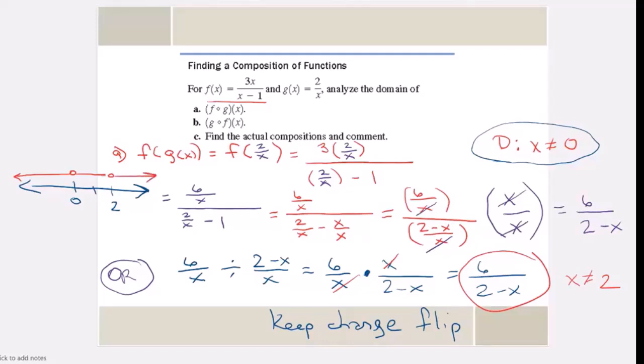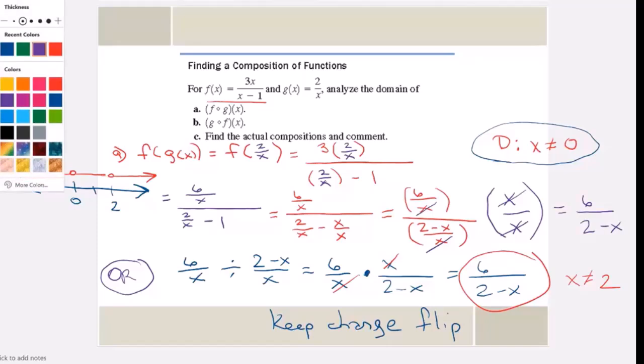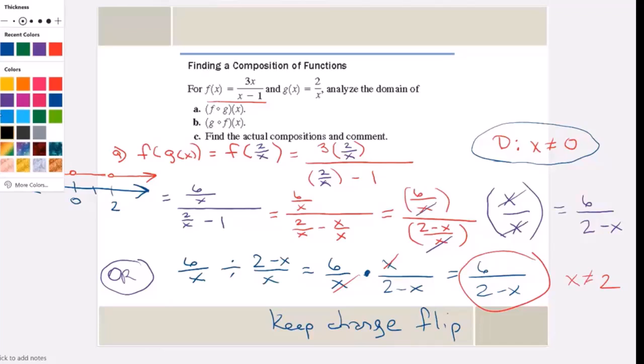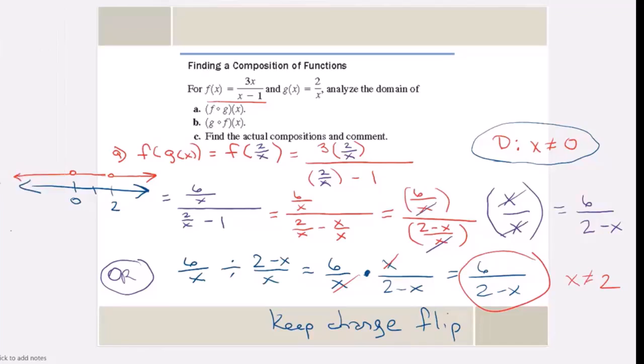Once I put it on this number line, it becomes much easier to write this in interval notation. So I start off, remember we always start from the furthest left.